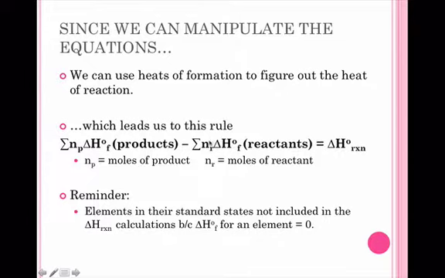And this n right here is the moles, so that's where you would multiply by the coefficient, whatever that is. So you're going to add up all the products, making sure to multiply by the number in front, the coefficient, and you're going to subtract all of your reactants added together, making sure that you multiply also by the coefficients, and that'll give you overall your heat of reaction. And then remember when we're doing this that elements that are in standard states won't have a heat of formation because it's 0.